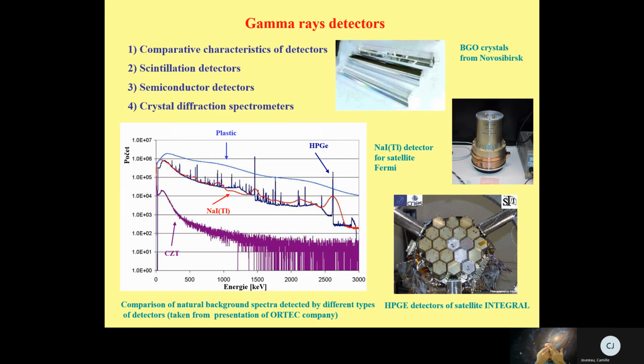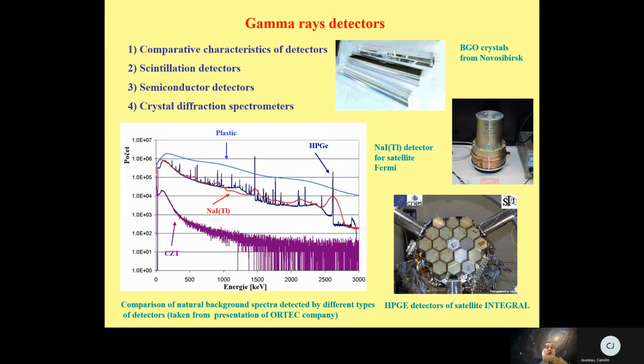We discussed what the spectrum produced by these interactions in detectors looks like, and also how it is possible to analyze the obtained spectrum and obtain information about the intensity of the gammas and the energies of the gamma lines.